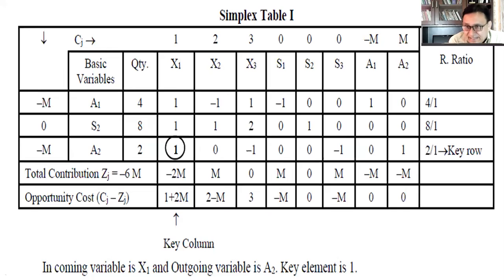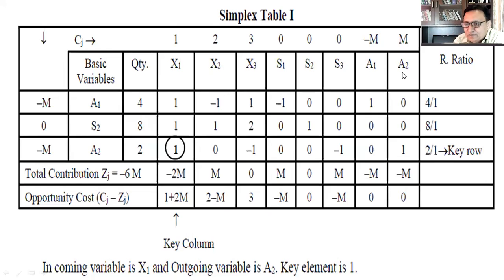Because m is a very high coefficient, 1 plus 2m is going to be bigger than 2 plus m. Therefore, 1 plus 2m will be treated as the key column, and the variable corresponding to this column will be the entering variable. So in the next table, x1 will be entering.